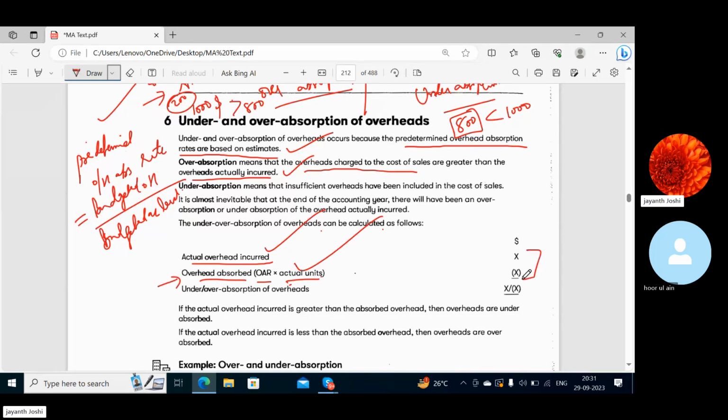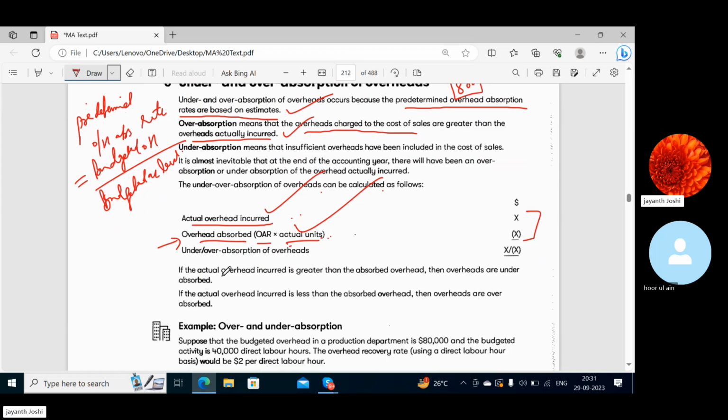You can compare these two and decide if this is more than this, it is over absorption. If it is less than this, it is under absorption, right? If actual incurred is more than absorbed overhead, it is under absorption. But if actual is less than absorbed overhead, it is over absorption, right?